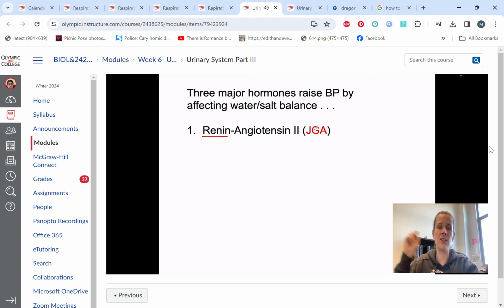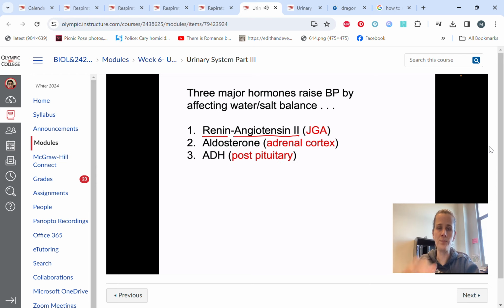Angiotensin 1 will get activated into angiotensin 2 by ACE, and it has a role in regulating vasoconstriction. It also leads to the production of aldosterone from the adrenal cortex. Aldosterone has a direct effect on the kidneys, leading to sodium resorption.